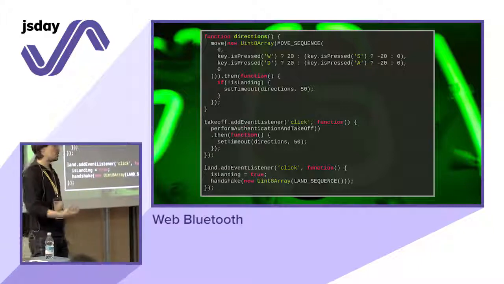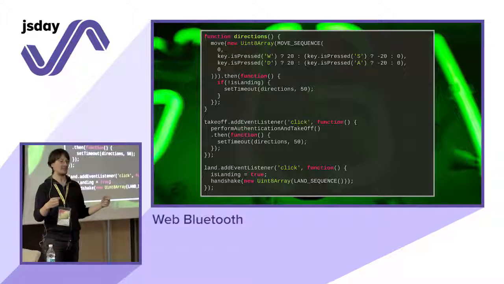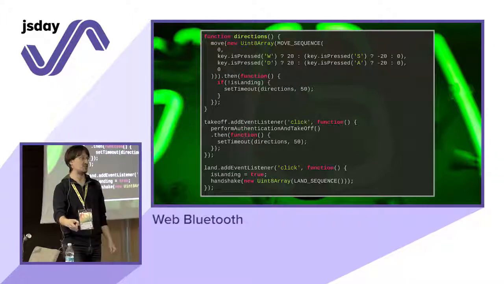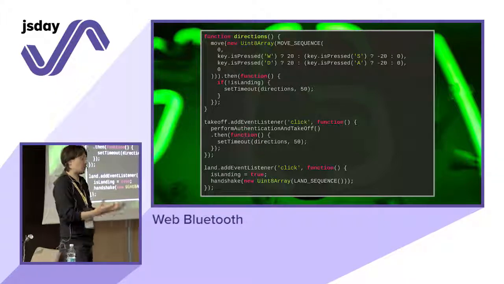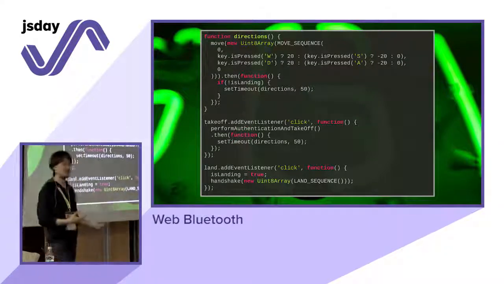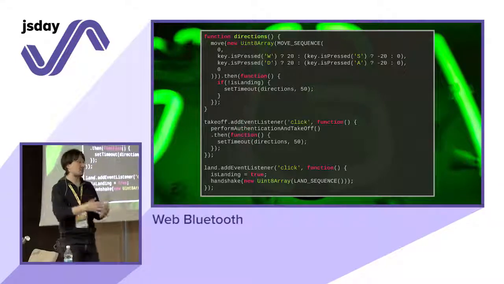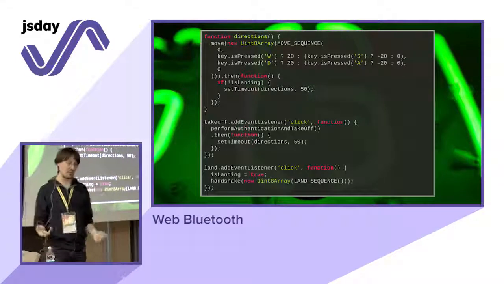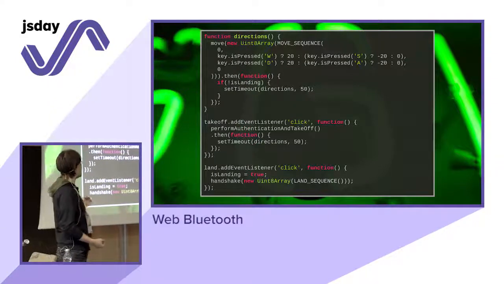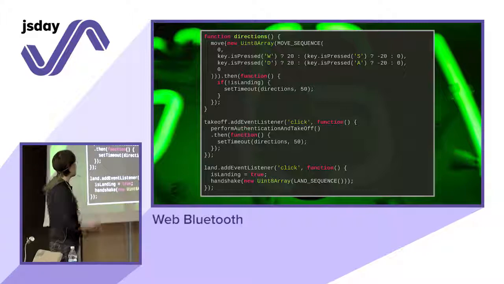So the device expects a specific sequence of bytes to be sent to one of its characteristics before it starts responding to actions like take off and land and move and things like that. So when you click the first button, what you have to do is send this sequence, which someone has found for me, thankfully, and then you can start interactions like take off and things like that.